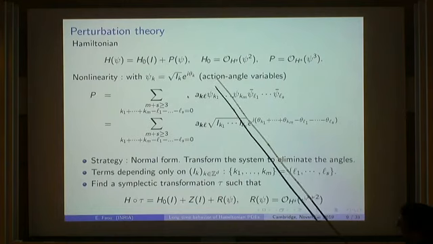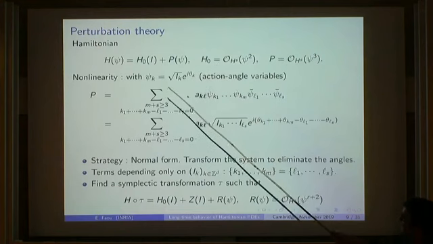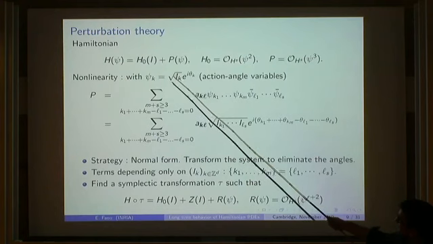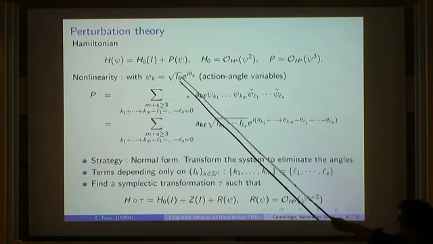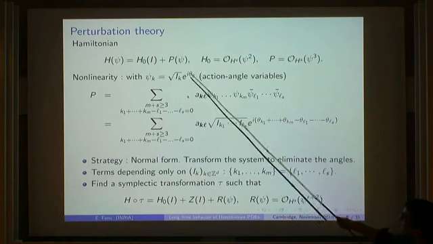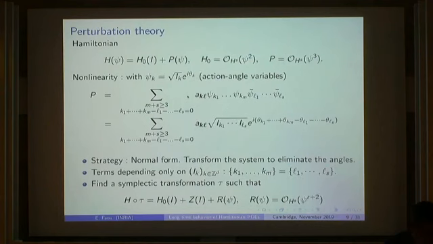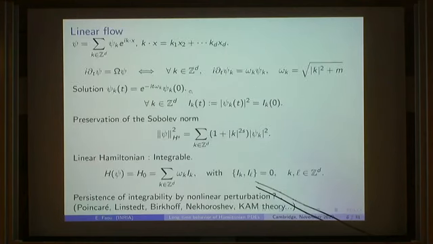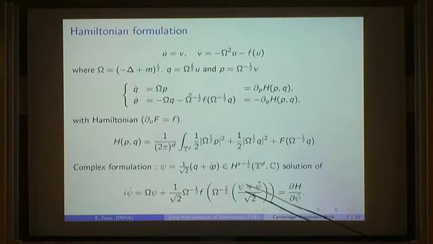Here it's more or less the same. If you write the Fourier coefficients psi k, you write them as the square root of I_k, that I call the action, and a phase. If you look at the Hamiltonian, so the Hamiltonian is something like that. So it's probably not written exactly, but it is the integral of this with respect to psi bar. So it is f of this function. And you put the Fourier expansion, and then you look at what it gives.